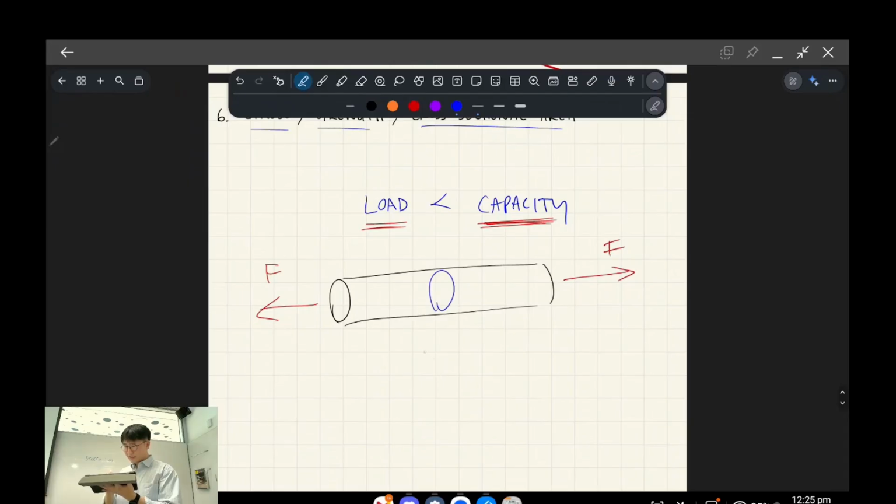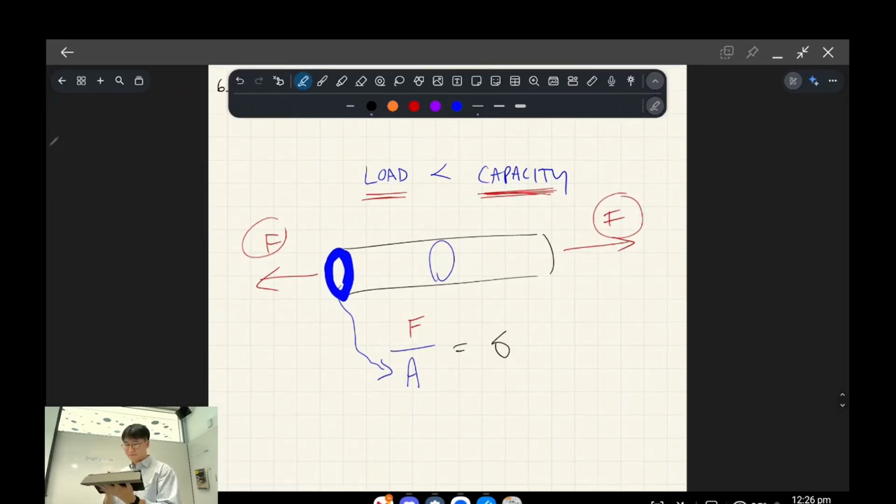You've got the force, and you divide it by the cross-sectional area. The straw is hollow, so whatever area that hollow circle is, that's the area, and the force would be whatever pulling force we've got going on here. Essentially, this is the whole idea of stress, okay?